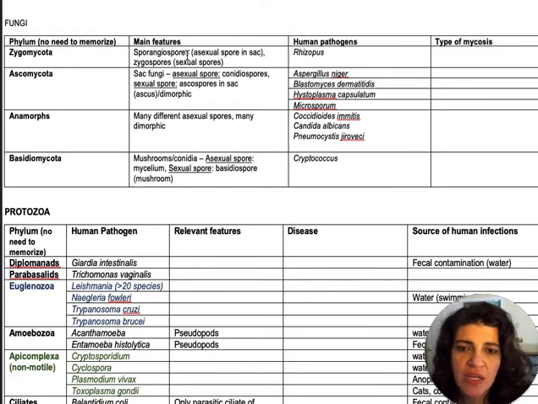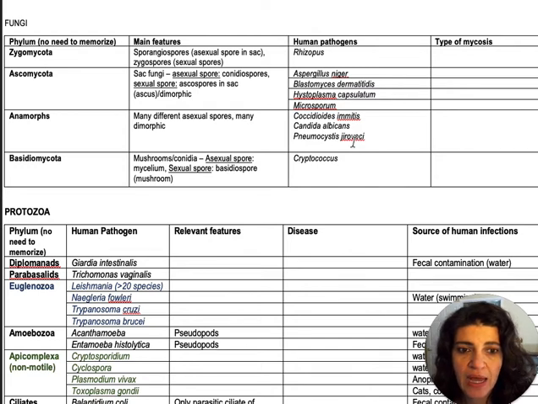I'm saying here if the spore that I'm mentioning is asexual or sexual, what type of spore is formed is the main thing that I am mentioning here, okay? And then the name of some genera or some species that belong to each one of these phyla. And then we're just going to mention the type of mycosis that each one of these fungi cause.